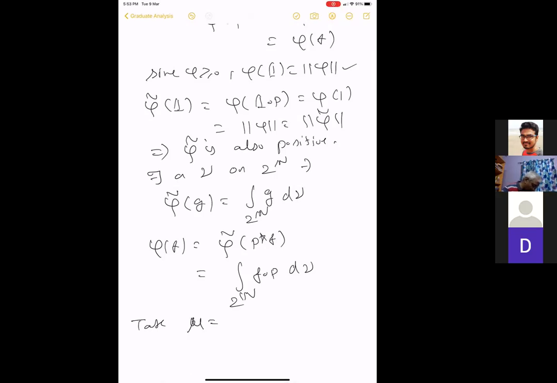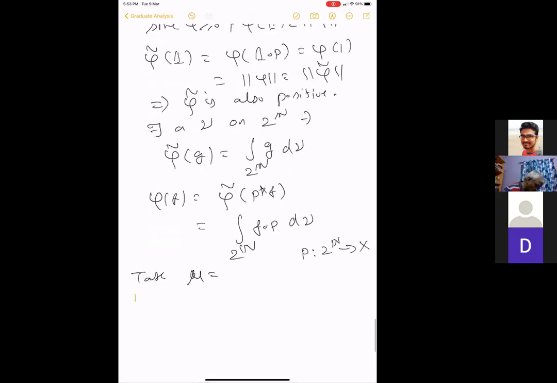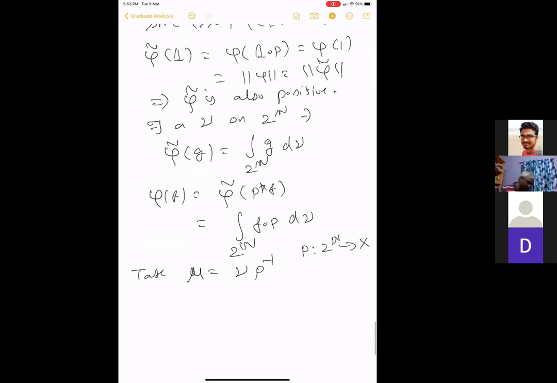You have a map p from the Cantor set 2^n to X. Then you define a measure mu_p of A equal to mu of p inverse of A. P is a continuous function, so if A is in the Borel sigma algebra of X, then p inverse A is in the Borel sigma algebra of the Cantor set.